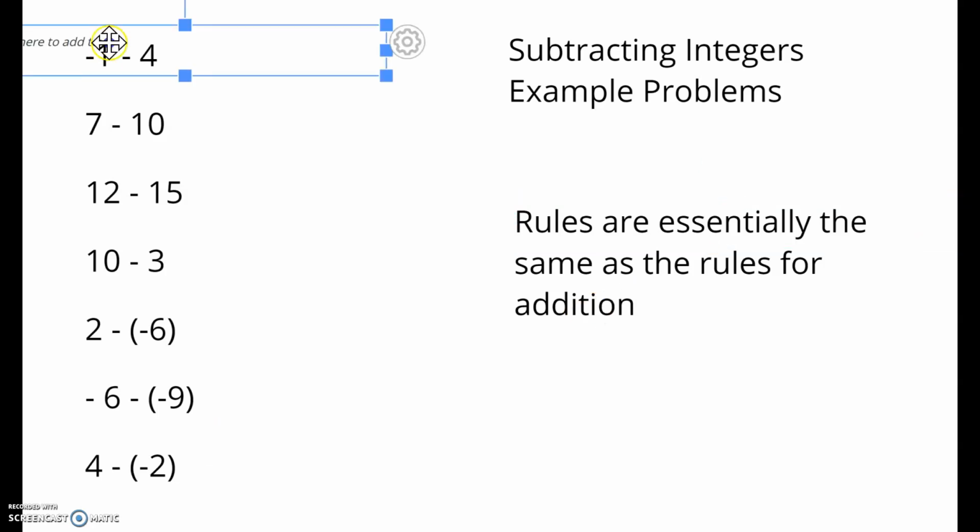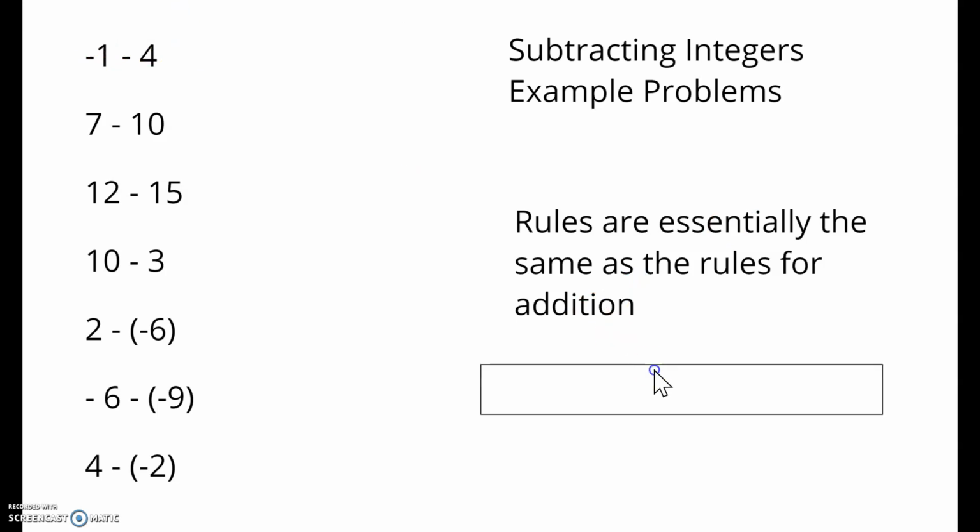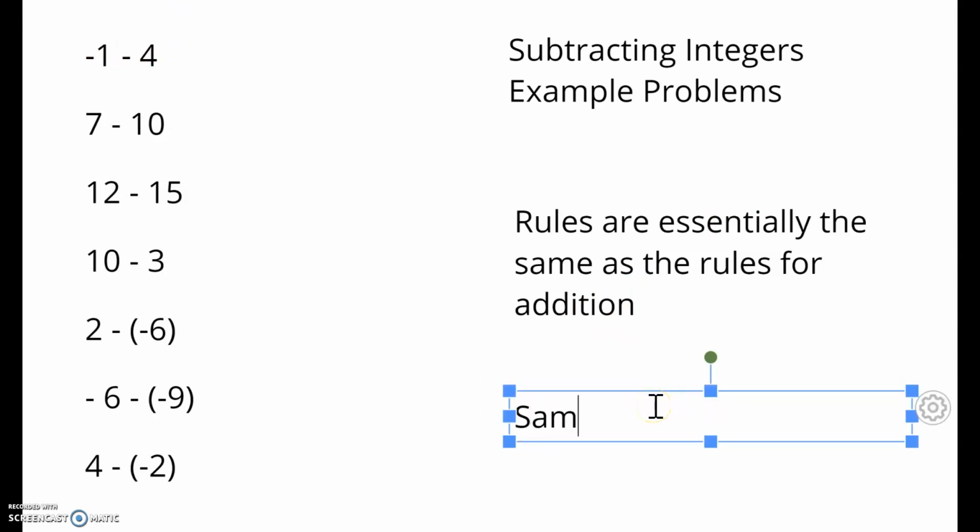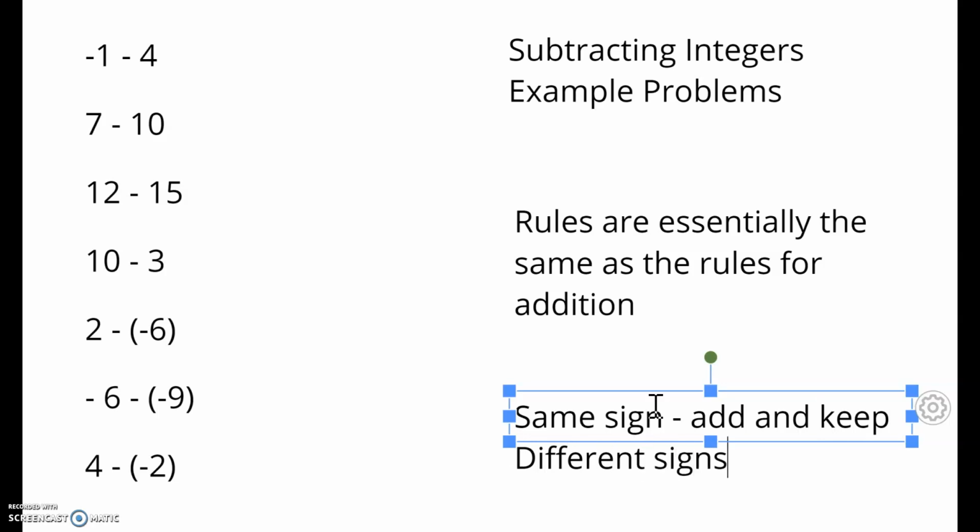So the rules are: same sign, add and keep the sign; different signs, subtract, and take the sign of the highest number. So that's essentially what we're going to do.